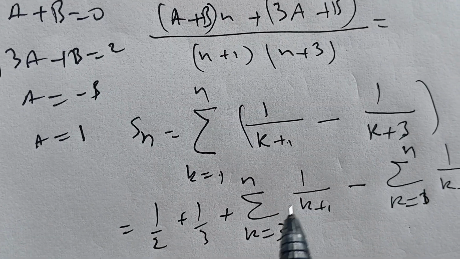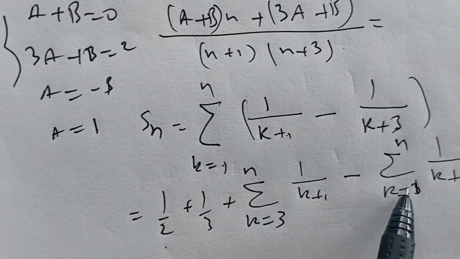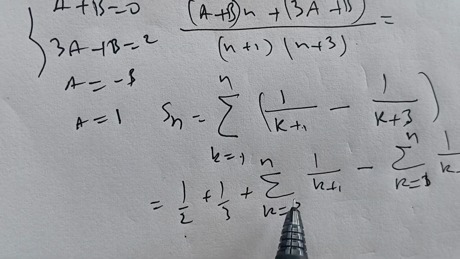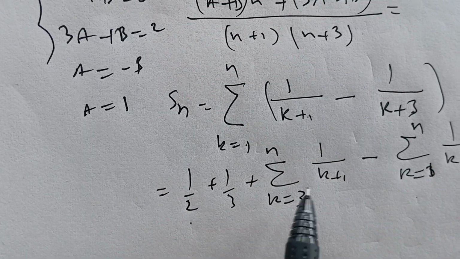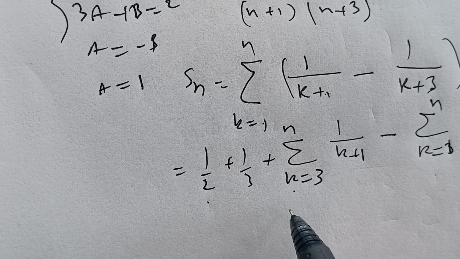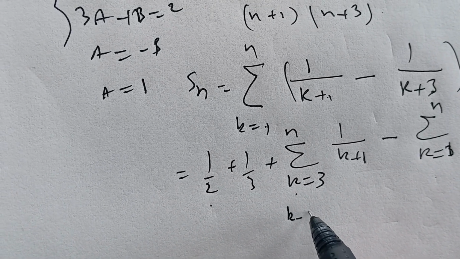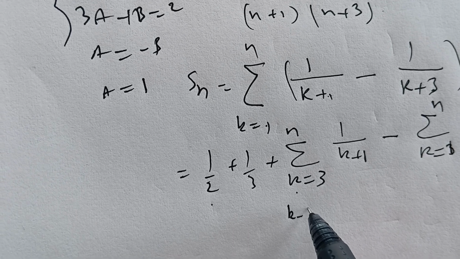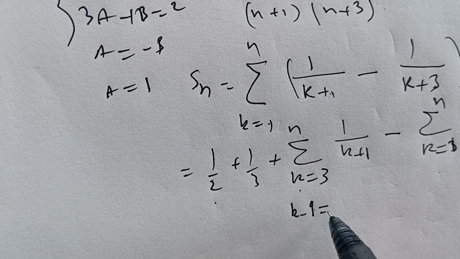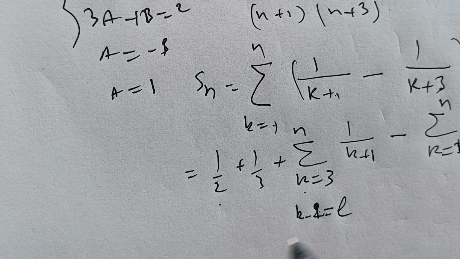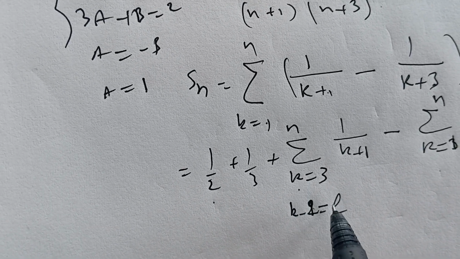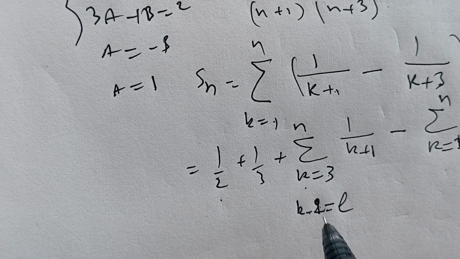Now we're going to do a change of index to make this one start from the same place. Here we have k plus 1. So if we do k minus 2 is L. When k is 3, L is 1.